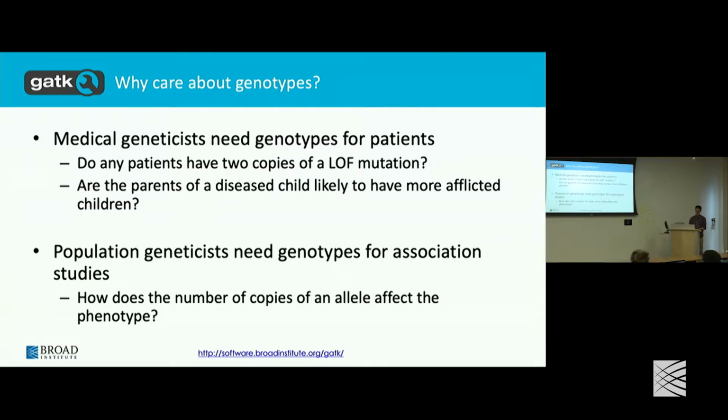So why do we care about genotypes? Before we get to that, what I mean by genotype is, let's say at a particular site the reference is a C. The genotype is the alternate allele. Is it a SNP, C to T, or is it C to A?